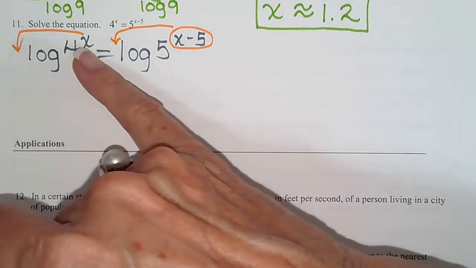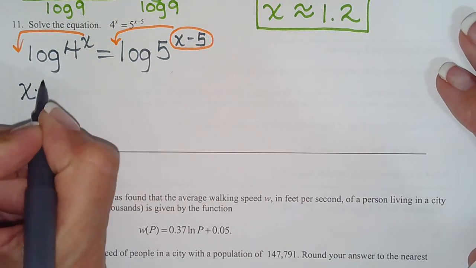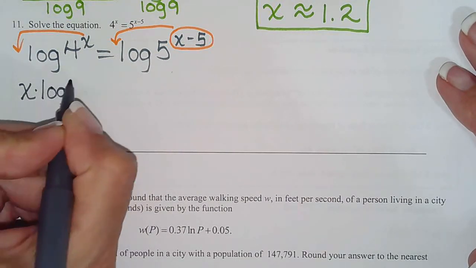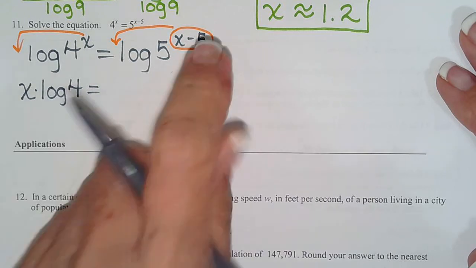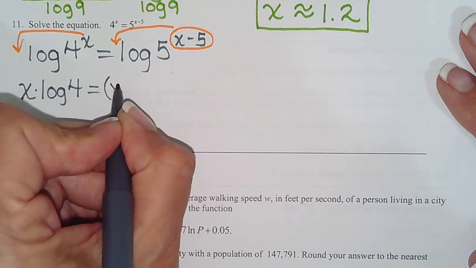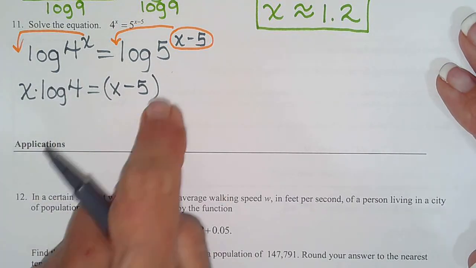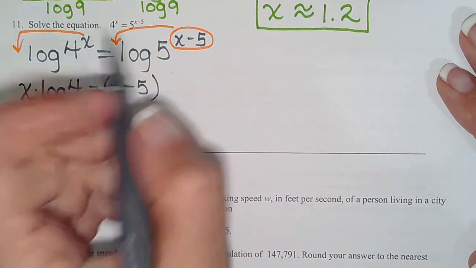So this is a single term, so I can just write x times log of 4. But this is two terms, so it needs to be in parentheses when you bring it down. (x minus 5) times the log of 5.